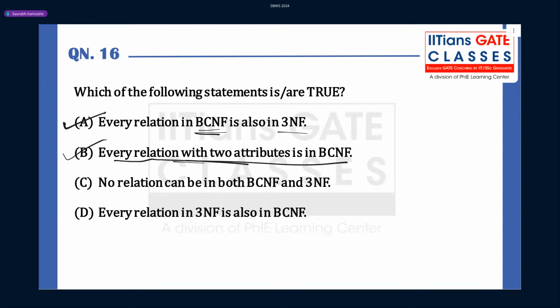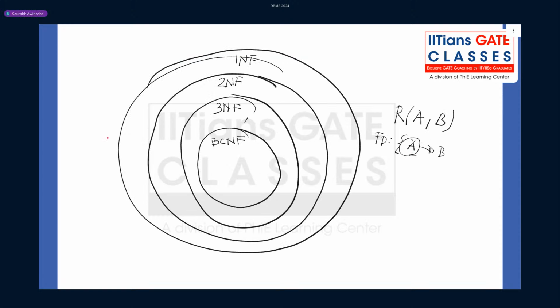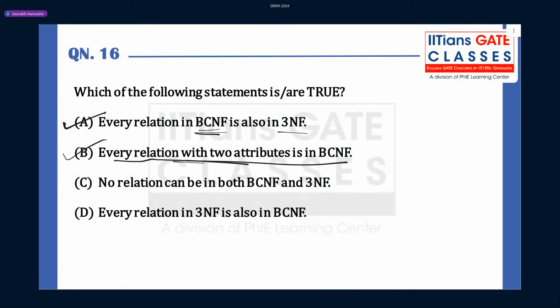Now let's look at option C. Option C says that no relation can be in both BCNF and 3NF. Right. So again, based on this figure that we are seeing, if a relation R, let's say, is in BCNF, then it is in 3NF, 2NF, and 1NF, right?